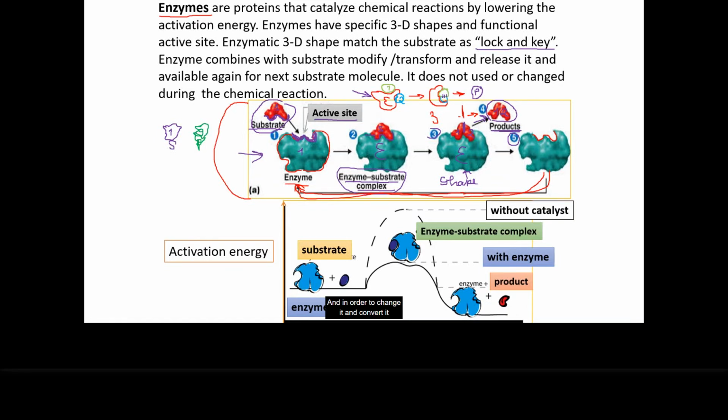And in order to convert it to an absolutely different product molecule, what can happen in nature is that it needs very high energy, for example, a thunderstorm will hit this rock and it will melt it and convert it in a different chemical reaction.